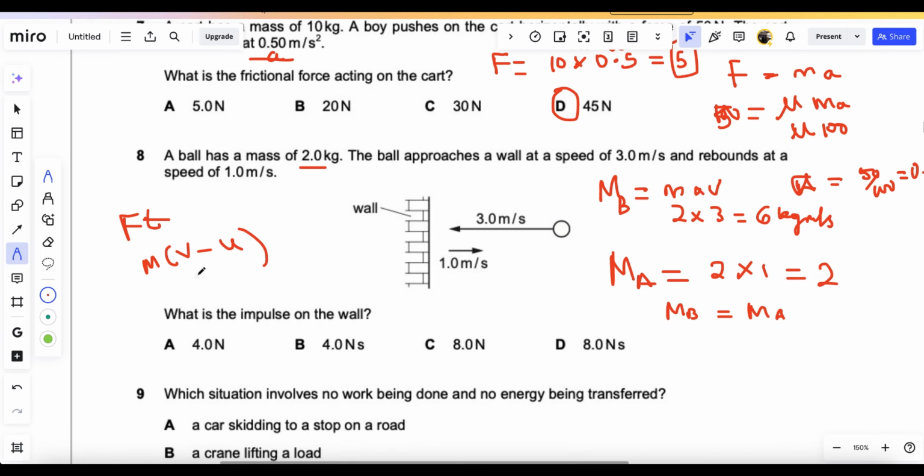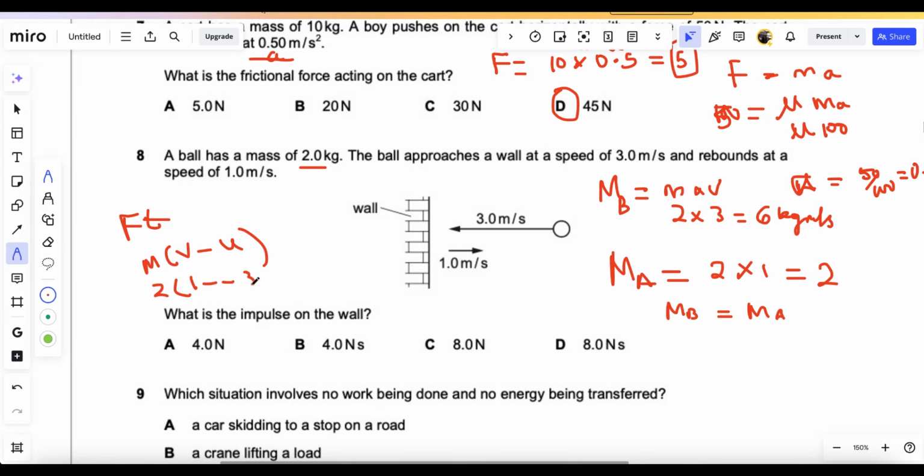So you have the mass, which is 2 kg. What's the speed? 1, minus, minus 3. Why is it minus? Because of the opposite direction, right?